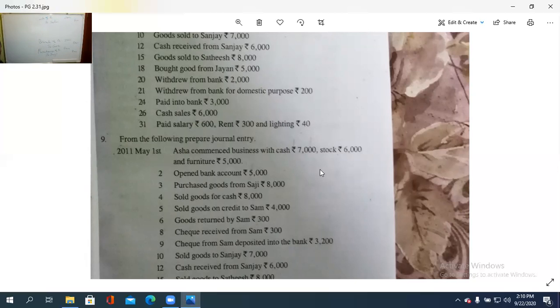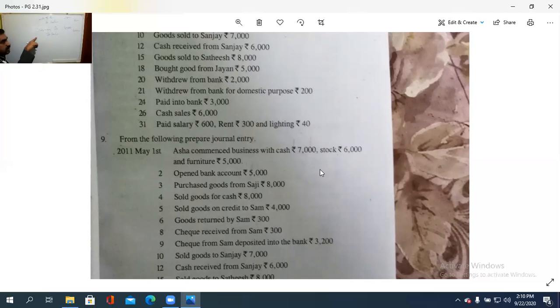Then sold goods on credit to Sam. Sold to Sam. So Sam debit to sales, how much is it? 4,000. Then goods returned by Sam 300.